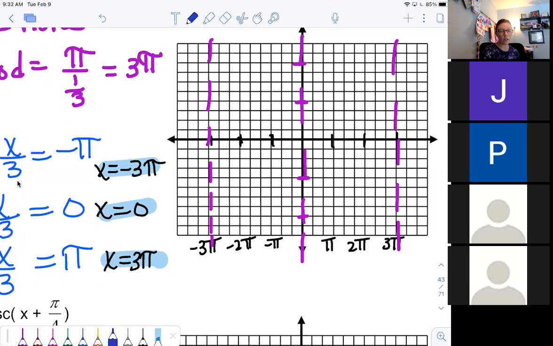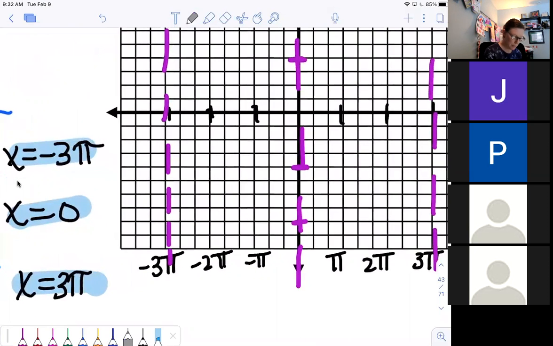Now, here's where it's a little tricky. Directly in the middle of 0 and negative 3 pi, that's where our intercept is located. So in the middle of 0 and 3 pi should be my intercept. In the middle of 0 and negative 3 pi should be my intercept.